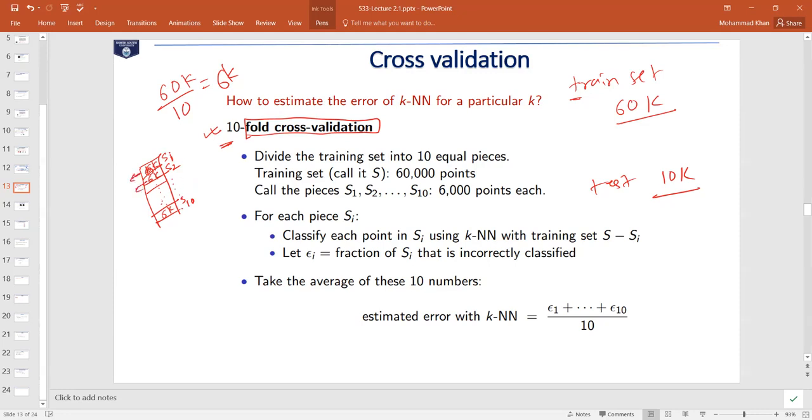For S1, these 6,000 images will be separated here. We take image 1, 2, until 6,000 from here. So we are taking all the images one by one, iteratively, and we'll try to find a label for each image from the rest of the training data.